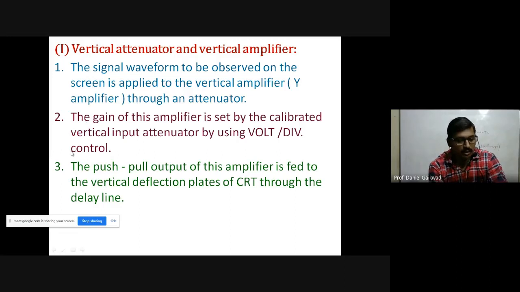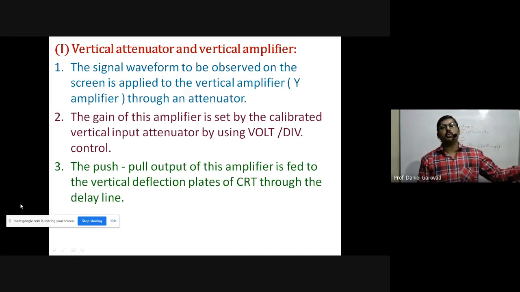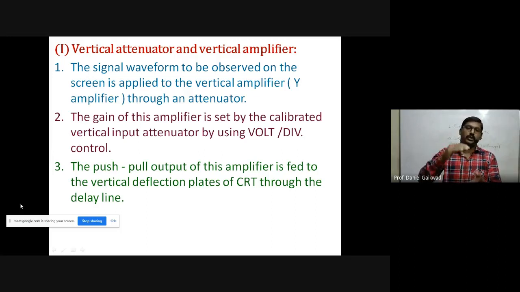Now, second one: the gain of this amplifier is set by the calibrated vertical input attenuator by using the volt per division control. So the amplifier amplifies the input signal, and that amplified signal we then observe on the CRO. We can observe that waveform on the screen.